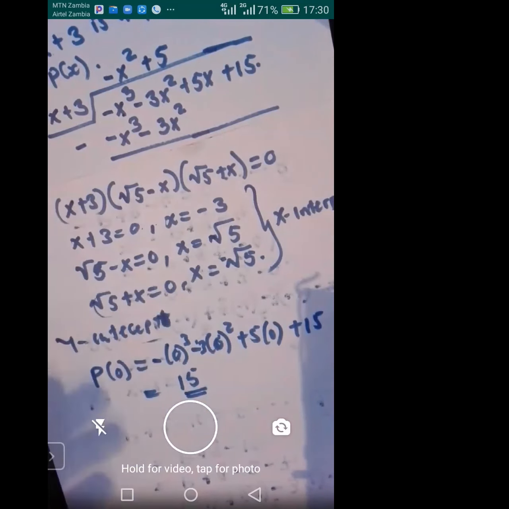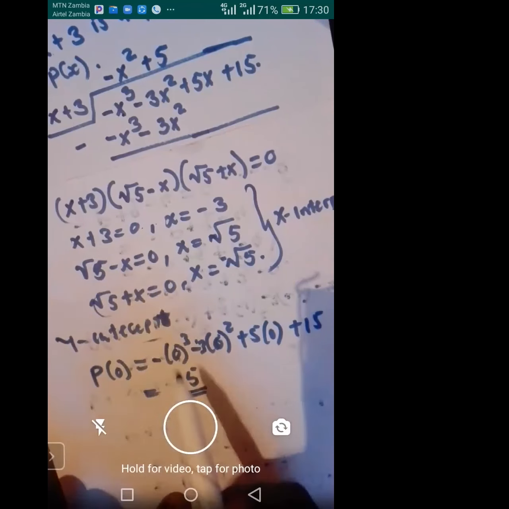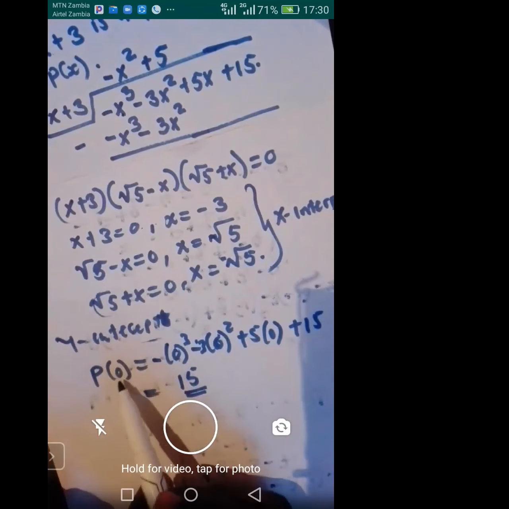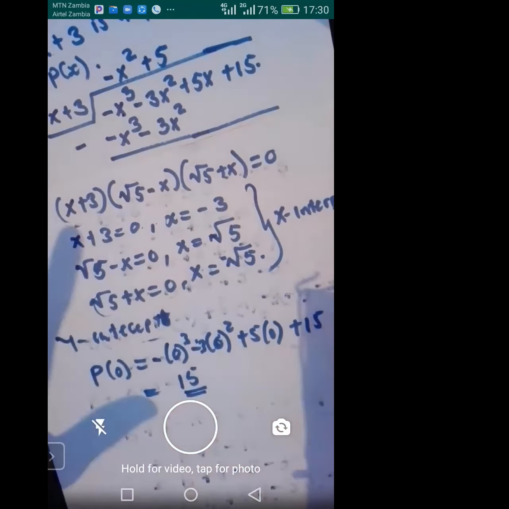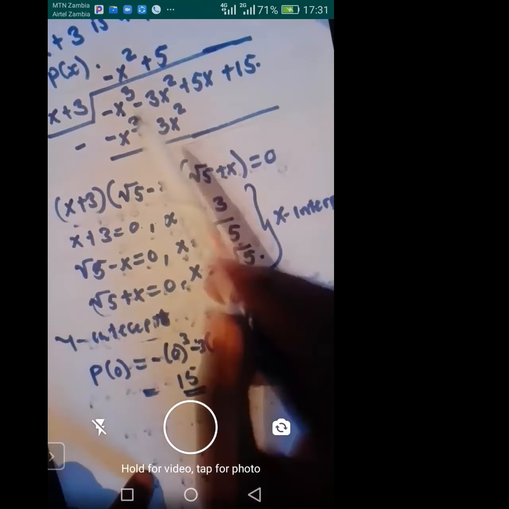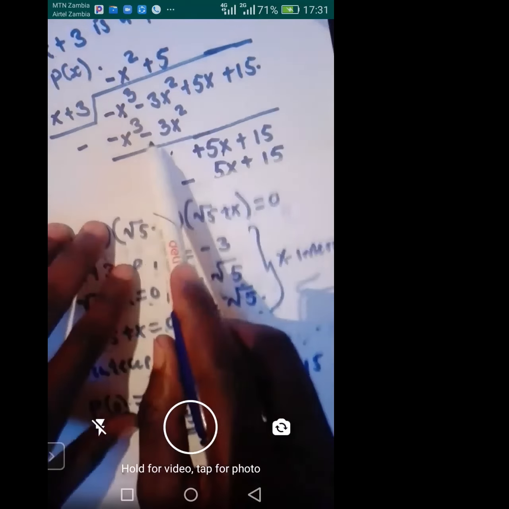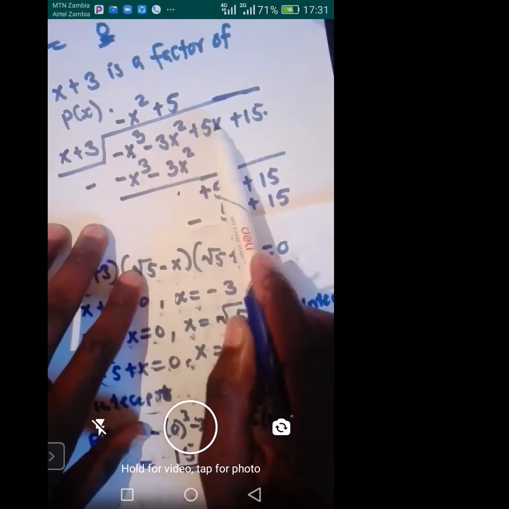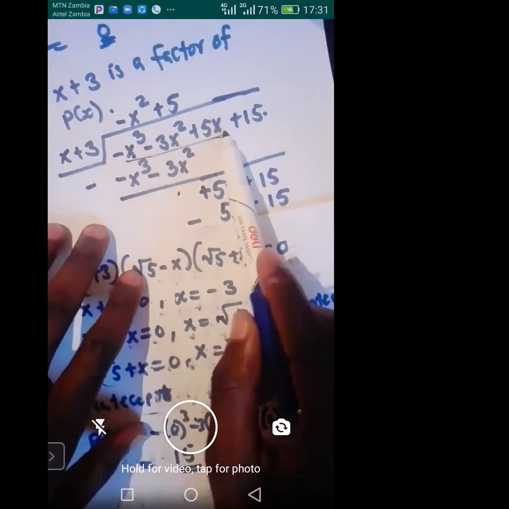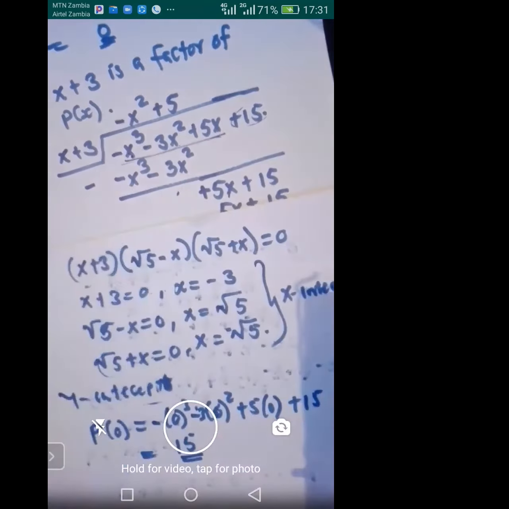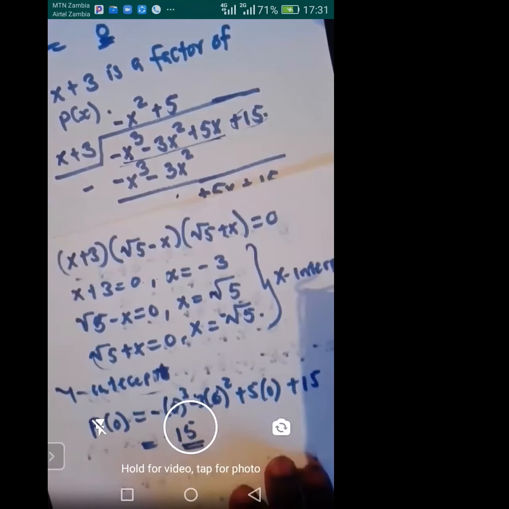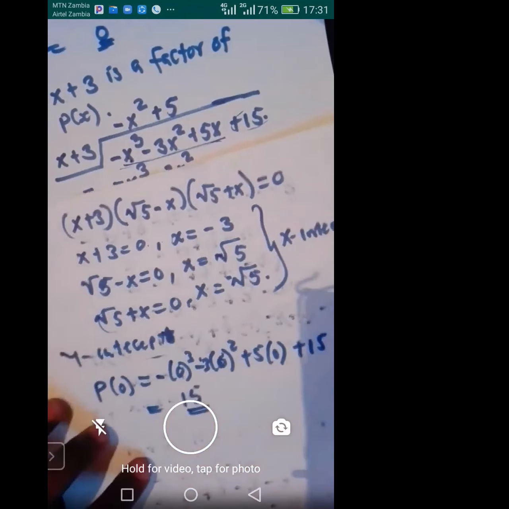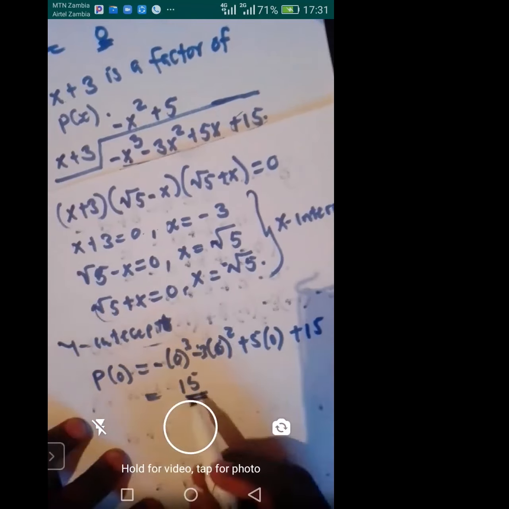And in the y-axis, we know that x is 0. Are we together? Yes. So you just find p of 0 using that function. Observe this, there's x, x, so this is just a 0. Then you get 15 there. Okay, thank you. So that is the y-intercept.